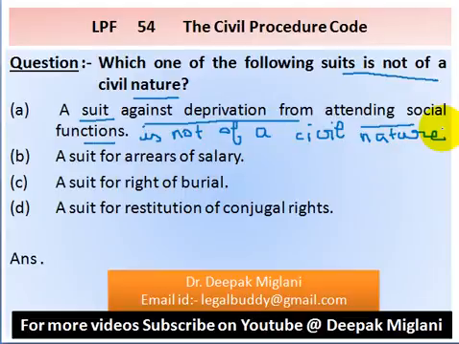Option B, a suit for arrears of salary is a suit of civil nature. Option C, a suit for right of burial is also a civil nature suit. Option D, a suit for restitution of conjugal rights is also a suit of civil nature. So answer is option A. A is answer.